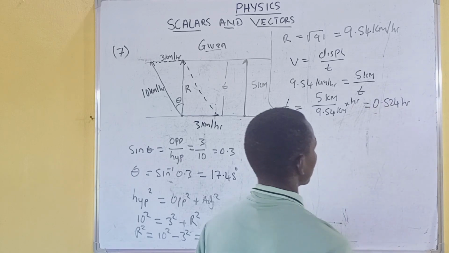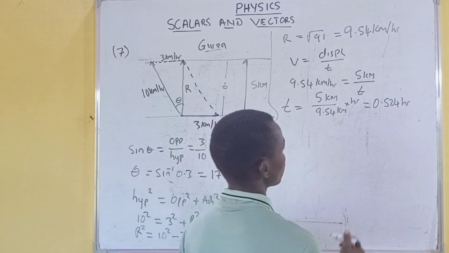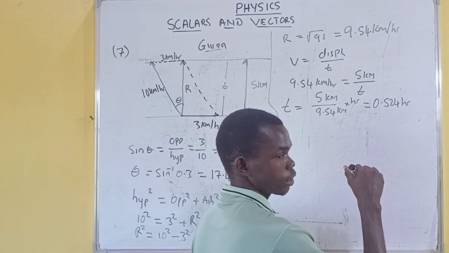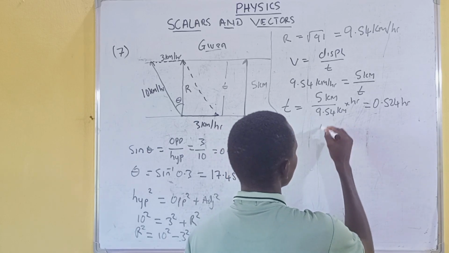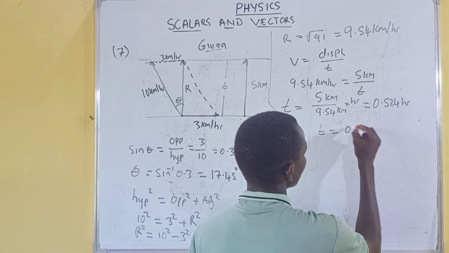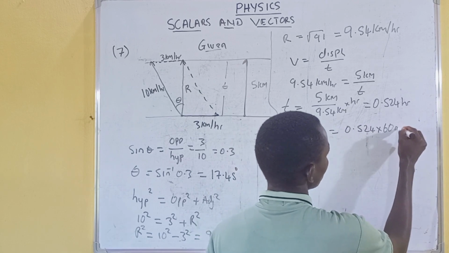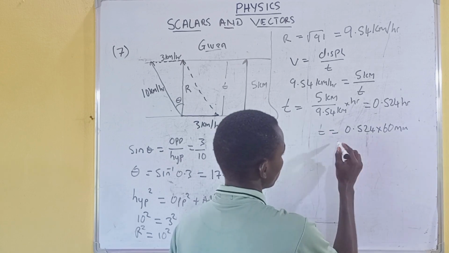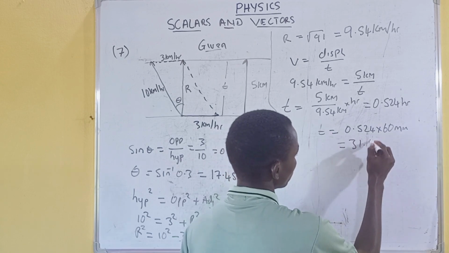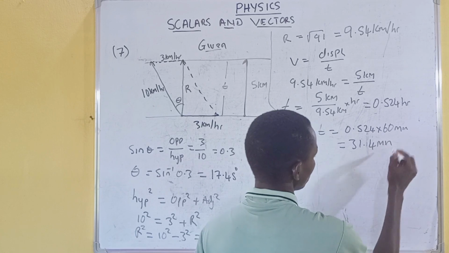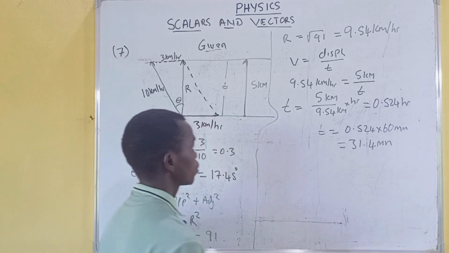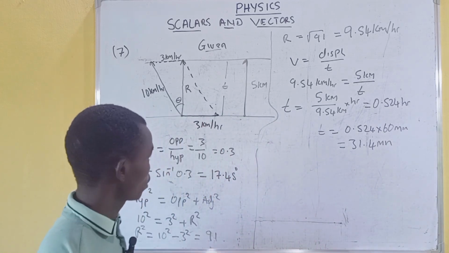And to convert this hour to minutes, we multiply by 60, since 1 hour is equal to 60 minutes. So our time will be equal to 0.524 times 60 minutes, which will give us 31.4 minutes. So this is the time taken to cross the river.